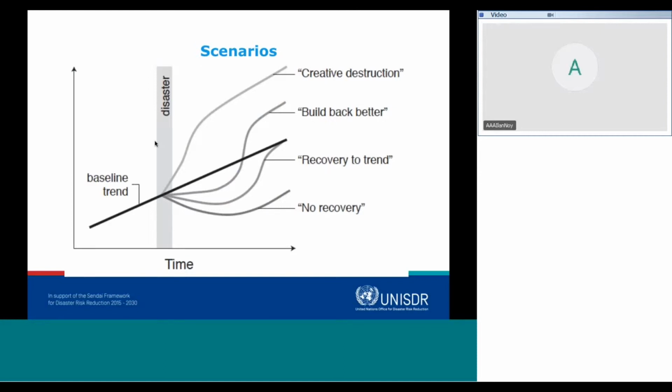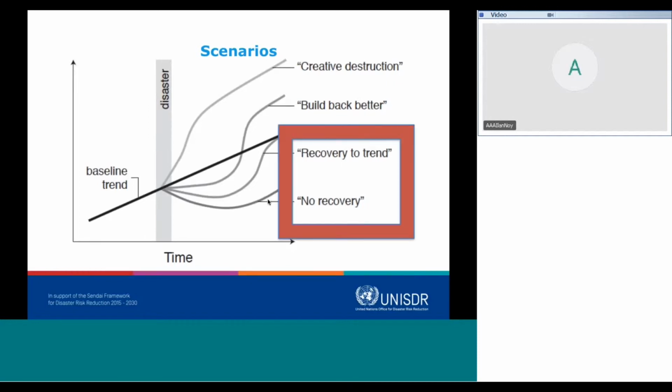But possibly a disaster does lead to a slowing down, but later with a build back better scenario, we end up at a higher trajectory than the baseline. And then there is a recovery to trend, so we do experience some slowdown, but eventually we go back to trend, and then the most pessimistic scenario where we never recover back to trend. Now, if you look at the actual experience post-catastrophic events, you observe that actually these two scenarios that are highlighted are much more common.